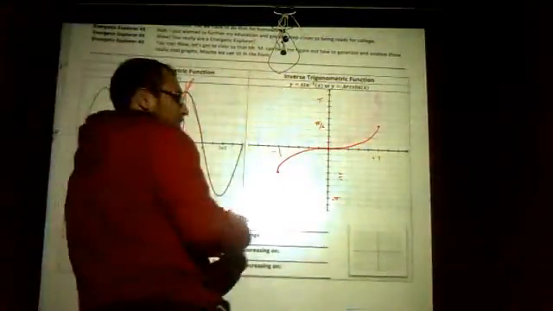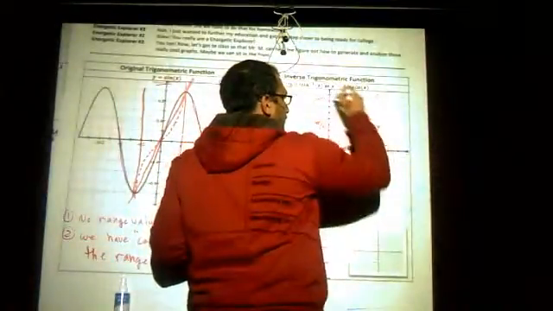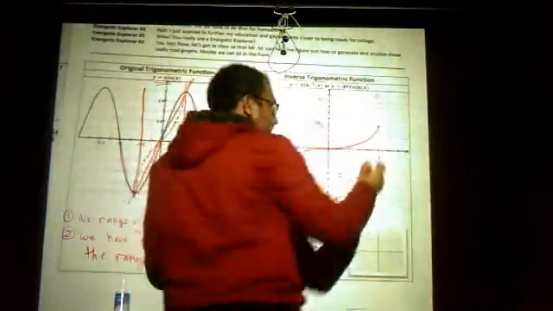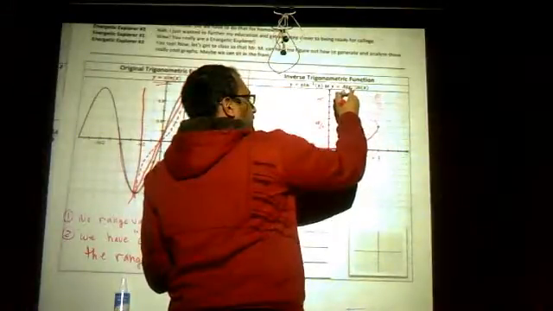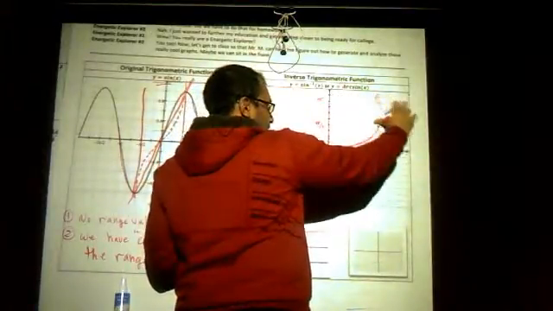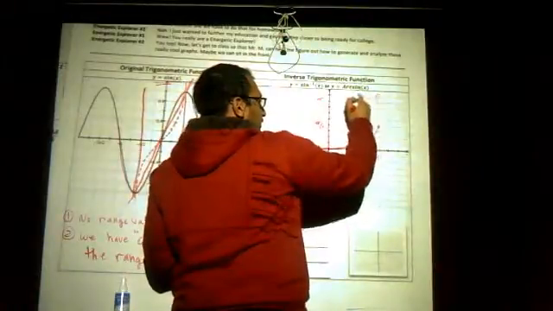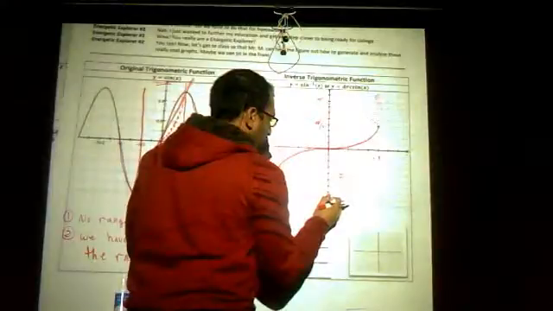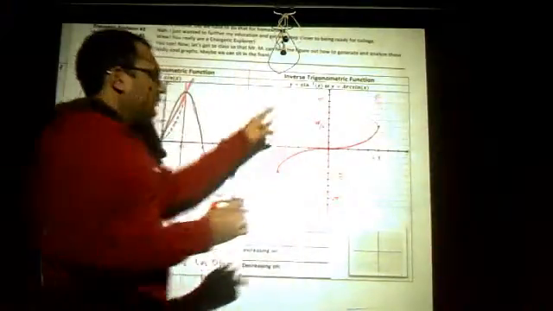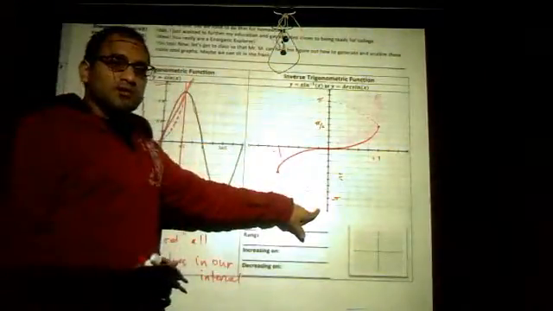Think about it, and say if this graph continues. If we were to continue on to pi, what's the sine of pi? 0. So if we continued on to pi, we would go all the way back. The sine of pi is 0, and the sine of negative pi is also 0.